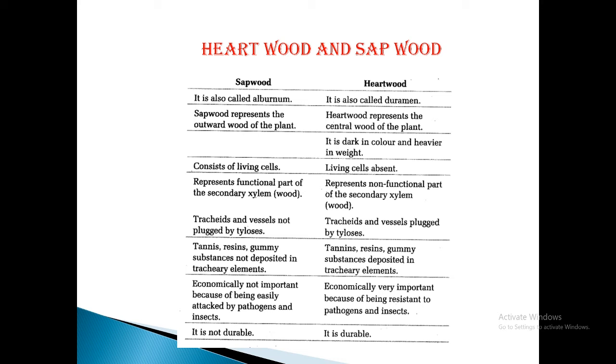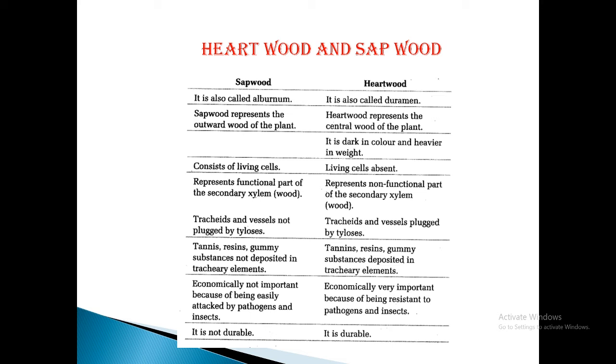Sapwood consists of recently formed xylem elements, and heartwood, filled up with tannin, resins, gums and other substances, consists of older xylem elements. Sapwood is not durable, heartwood is durable.